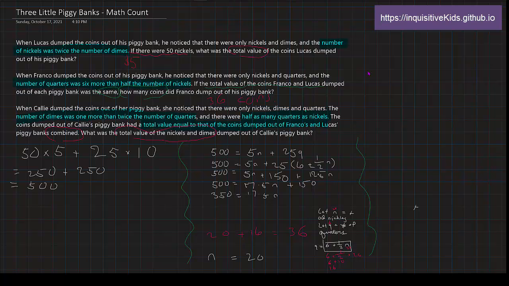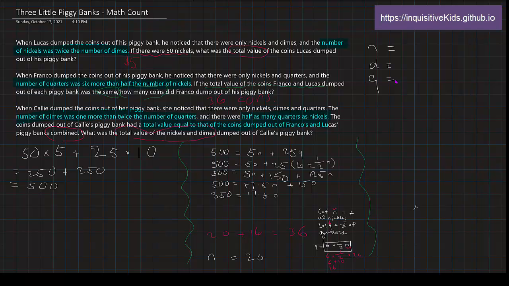Alright, so I'm going to first set this up. N equals, D equals, and Q equals. So which is how many nickels, how many dimes, and how many quarters.